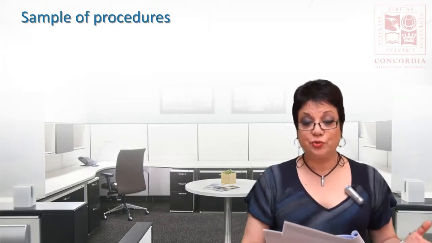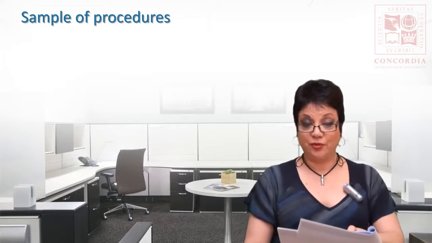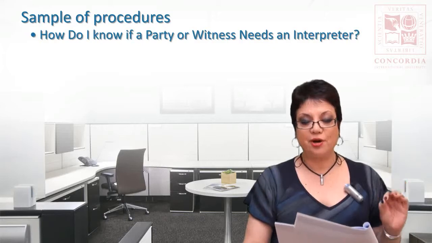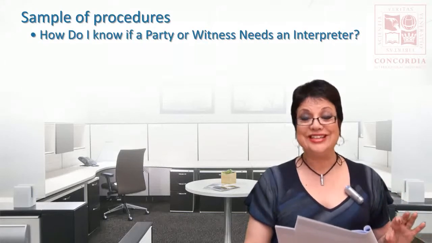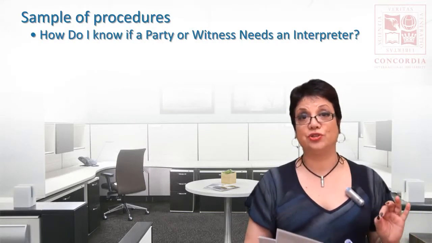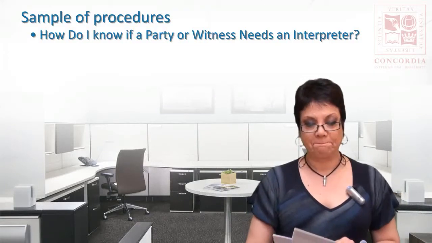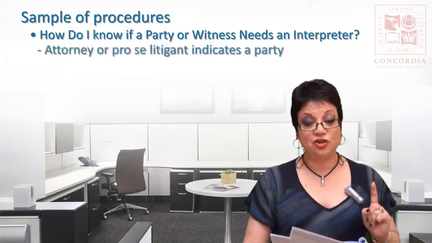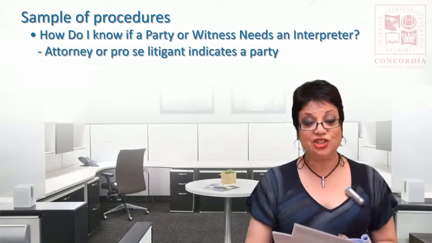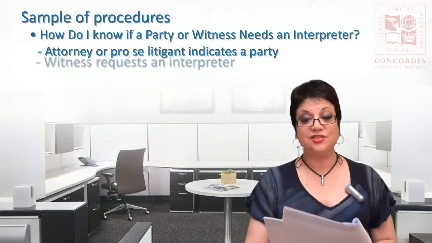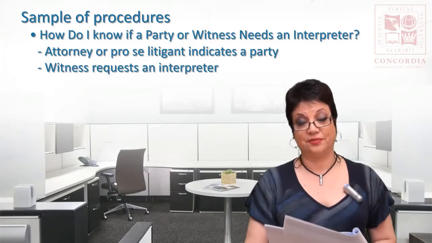A judge should presume a need for an interpreter. Now we're going to look at this first. How do I know if a party or witness needs an interpreter? How to determine the need of one? When an attorney or pro se litigant indicates a party or a witness requests an interpreter.